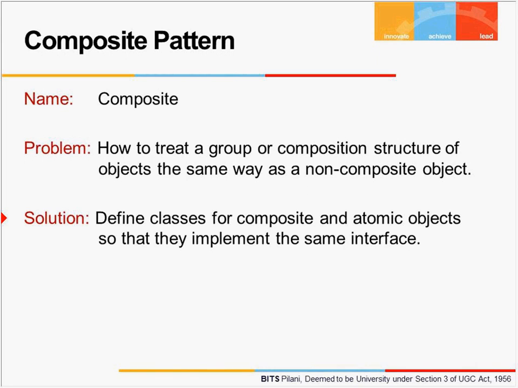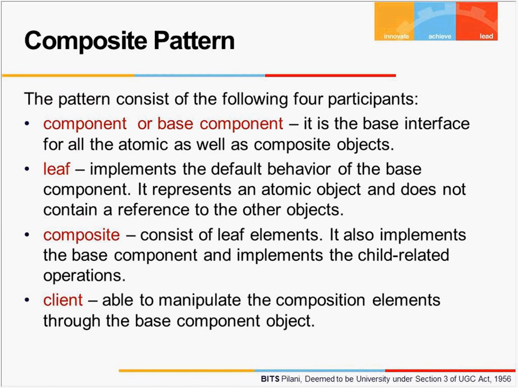Once you are coding for a single interface, the interface becomes unified and you're able to access the objects through the common interface, right? Back to our example and let's try and implement it. Before that, my composite pattern consists of 4 participants, right? I'll just show you the diagram of the composite pattern.